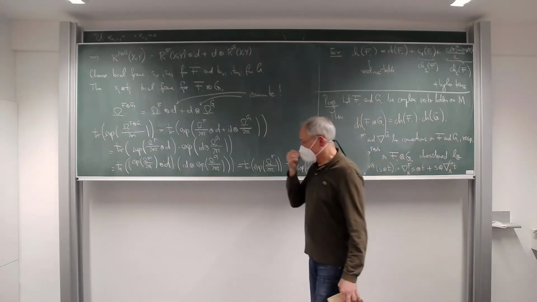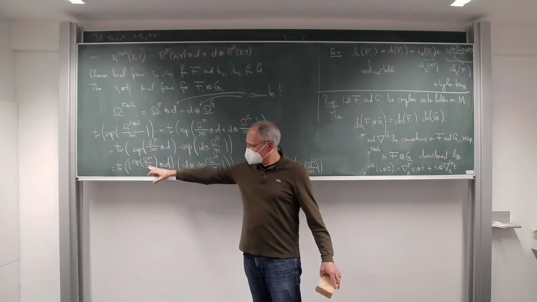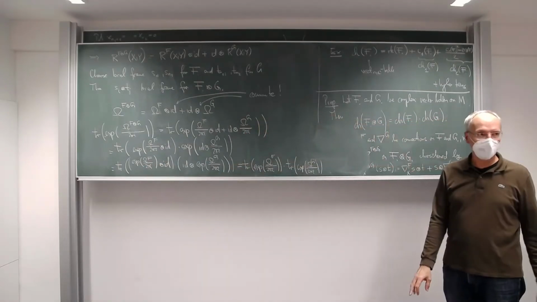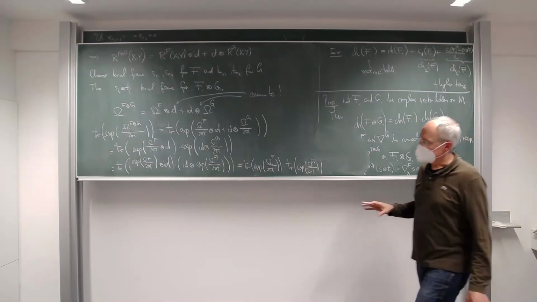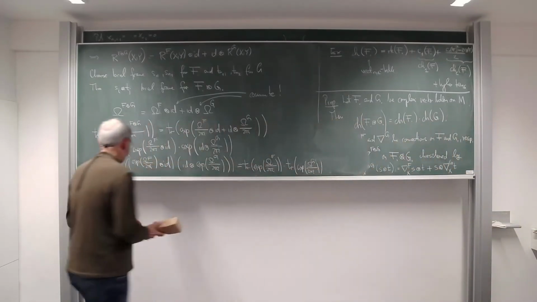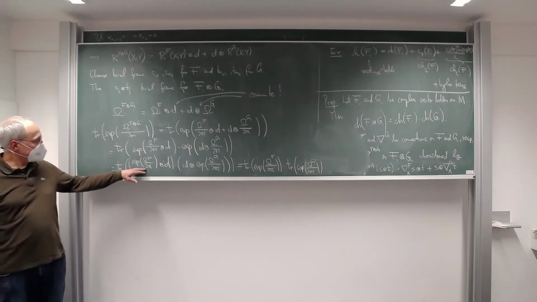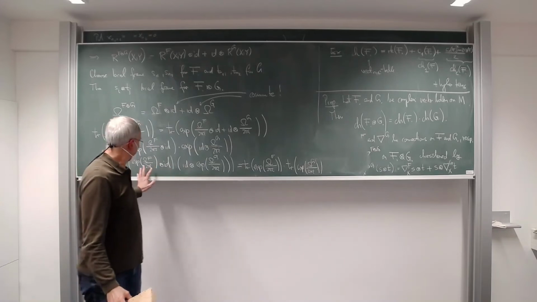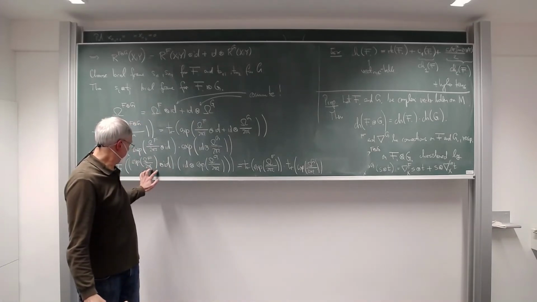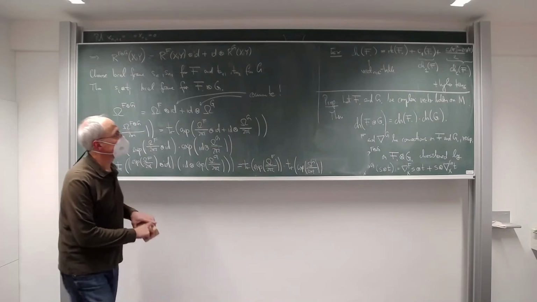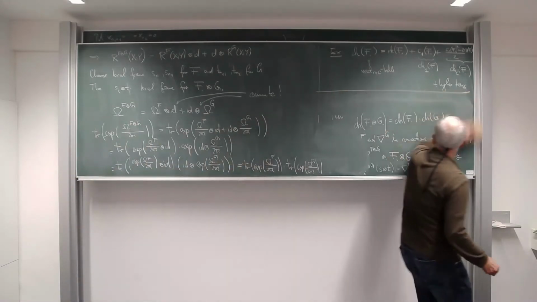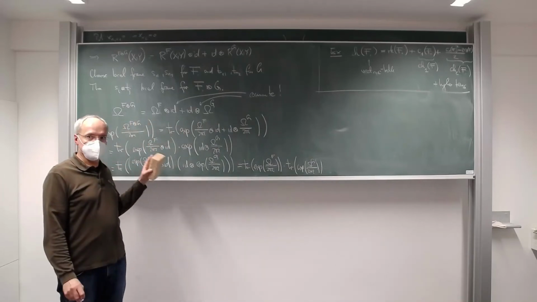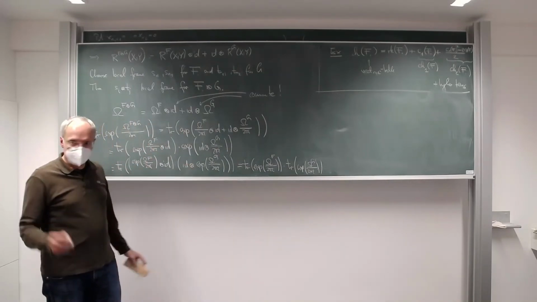Well, if you take any diagonal matrix, instead of a curvature matrix or the exponential of it, then you have some eigenvalues which get multiplied. So the trace of the tensor product is the same as the product of the traces. That's just what I want to say.